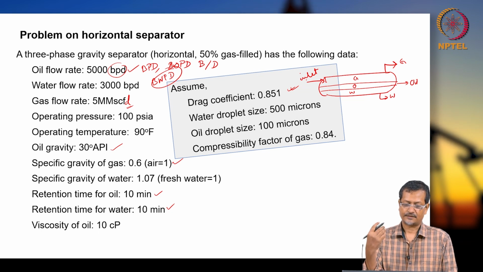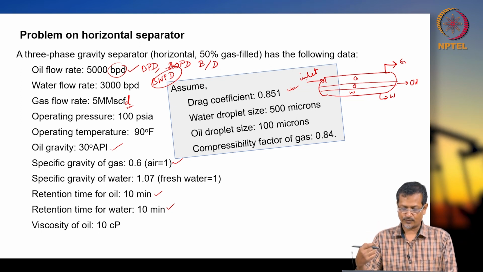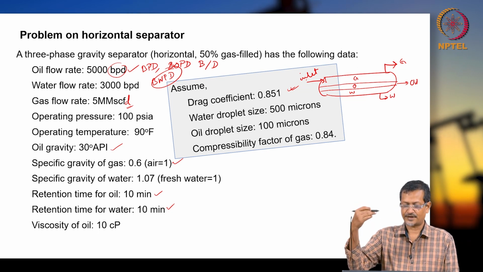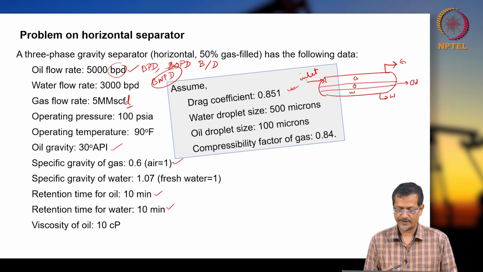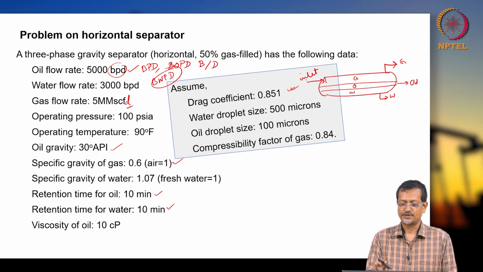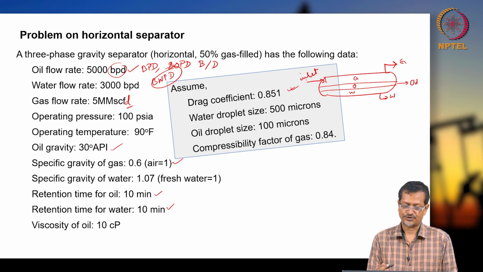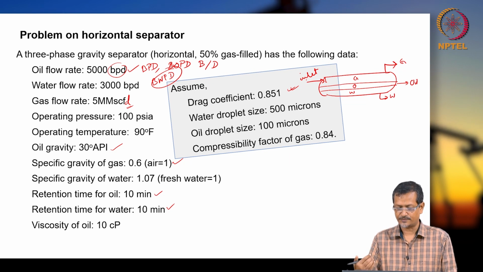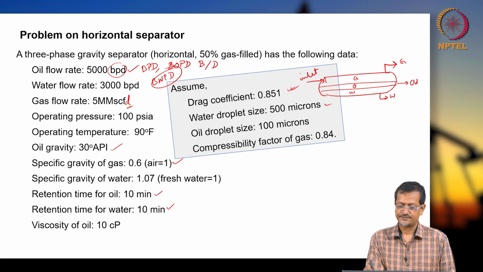You assume a value like 0.34, calculate the Reynolds number, and again calculate back to the drag coefficient. That iterative loop will be very long, so I am not going through that route; rather I am giving just the drag coefficient so that you can do step by step calculation. I assume in the exam also you do step by step calculation and solve the problem. Water droplet size 500 micron.